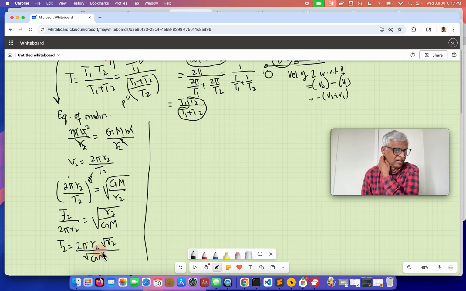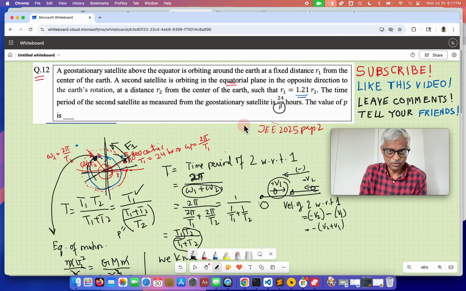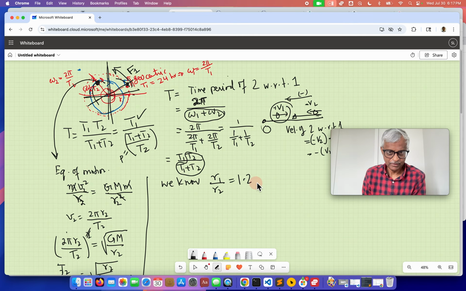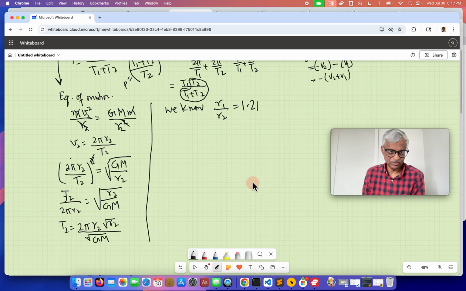Now we don't know these values, we just know r₁ and r₂. We know r₁ over r₂ is 1 over 2, and 1 over 2, 1. So the most we can do is get a ratio somehow.